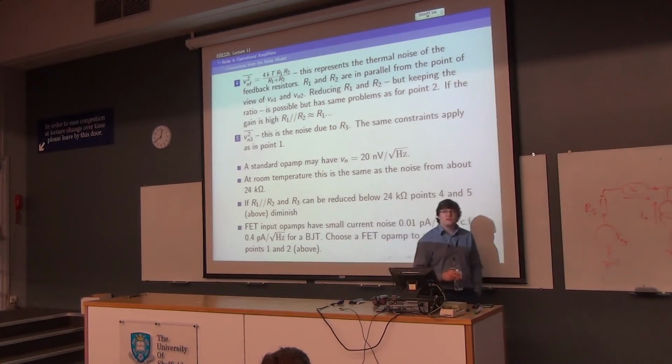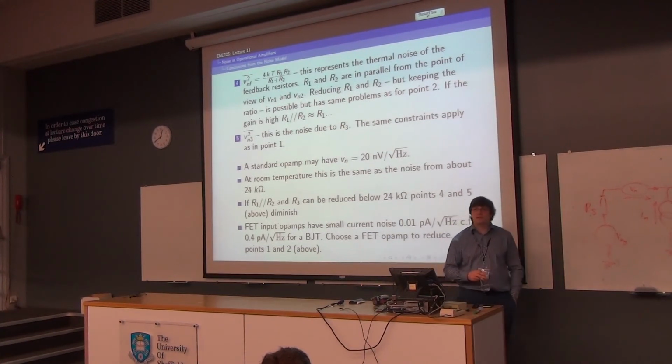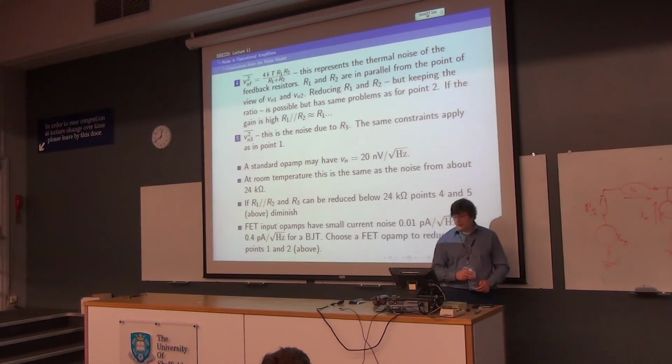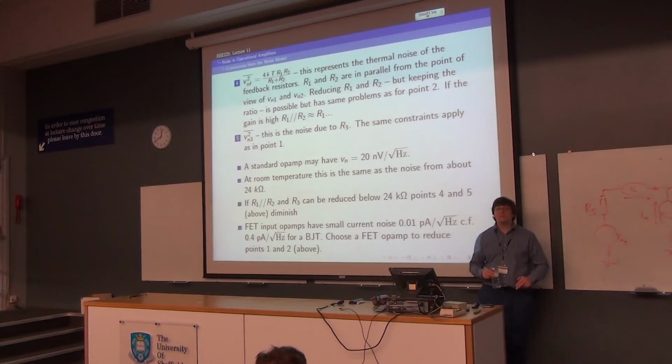So if I said the T effective is 293 degrees, then the resistance that I'd have to have at that temperature would be about 24 kilo ohms or so. But if you can fiddle the resistor values in your circuit, you can make those numbers go down. And obviously that reduces your noise.